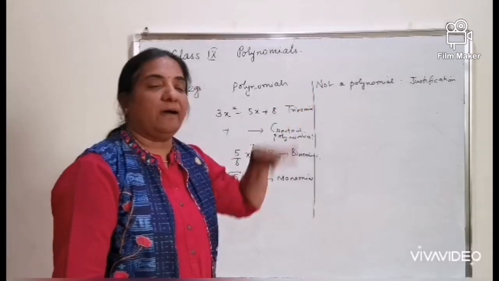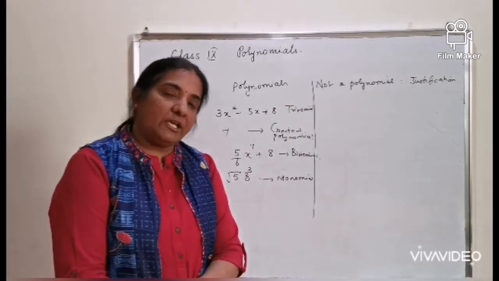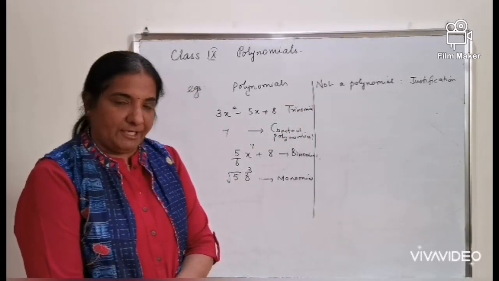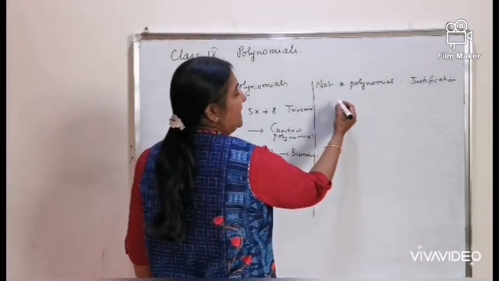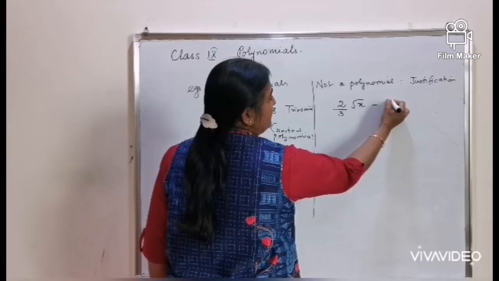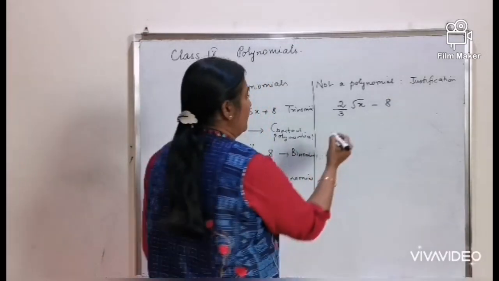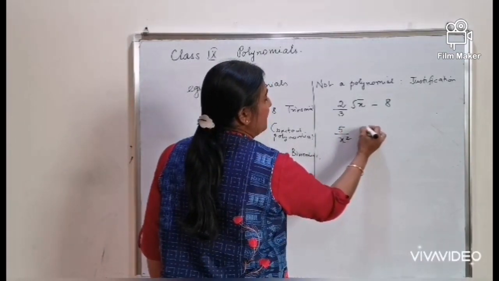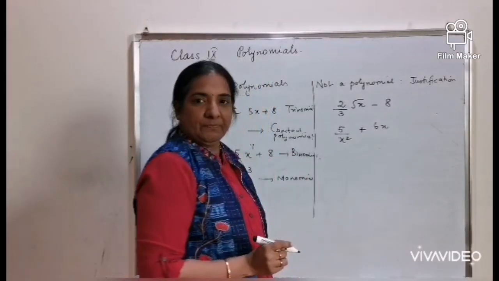polynomial. What are the cases when we cannot call them a polynomial? Expressions of the type 2 by 3 square root x minus 8, or 5 by x square plus 6x.